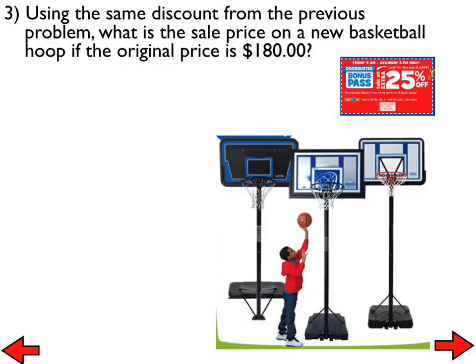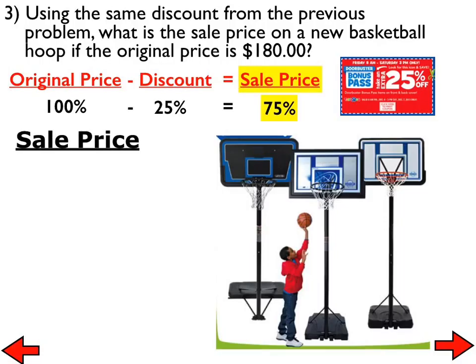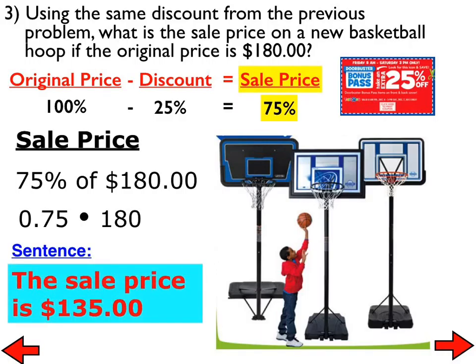There's 3 ways to do this. Pick a way that you like. Finding the sale price, you're going to take the original price, which is 100%, subtract the discount, which was 25% off. So you're only paying 75%. The fastest way to do this would be take that 75% that you're paying, 0.75, times 180, which would give you our answer of $135.